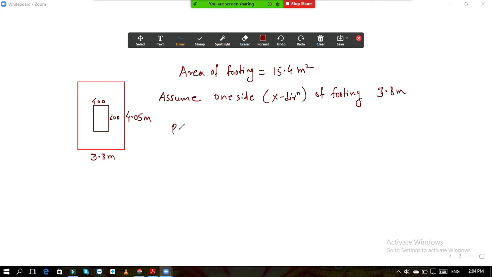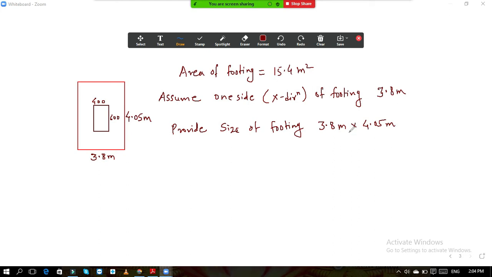Okay, so we will adopt this and now provide. So I will write here: provide size of footing 3.8 meter by 4.05 meter.